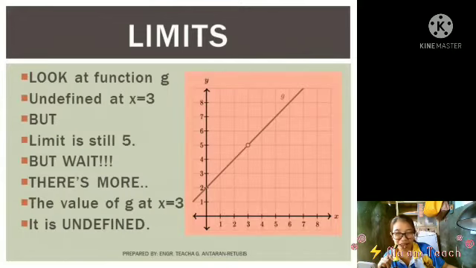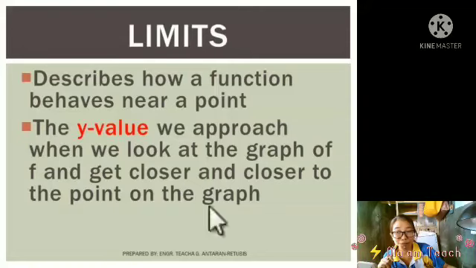So in this case, we cannot define the value, but what is the limit? The answer is still 5, class. Can you follow? The answer is still 5. Why? Because if you are just asking for the limit, the definition of a limit is what happens to your y as you approach closer to that point.